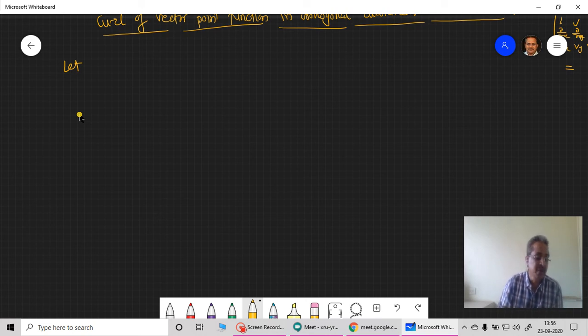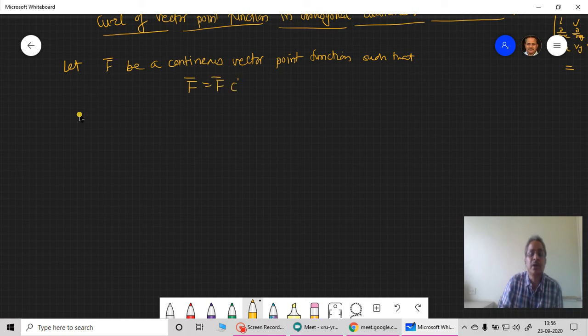Let capital F be a continuous vector point function, such that f bar is a function of u1, u2 and u3.